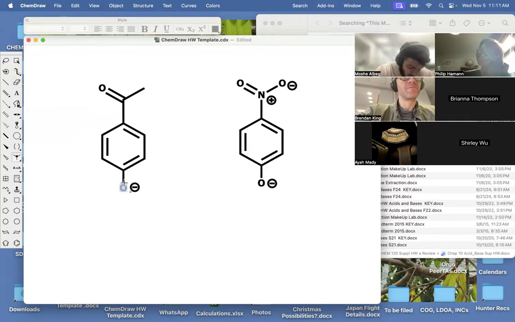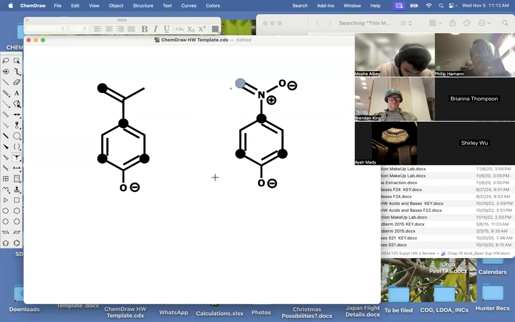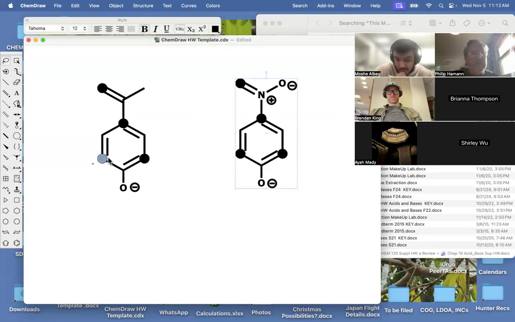So you have the negative charge there, and then it goes there and goes there. It's going to end up here, but it's also going to go up there. Same thing over here. So that's the phenoxide resonance that you've seen, but that's going to go up here. And so it's really the resonance structures at the end that will be the most important.